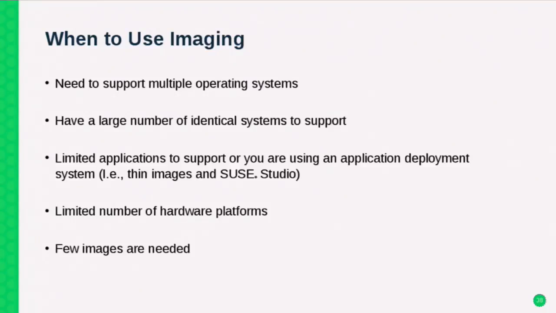Deploying images is another method how you can deploy machines massively. However, it has limitations. You first need to prepare an image and then you dump it to the system.